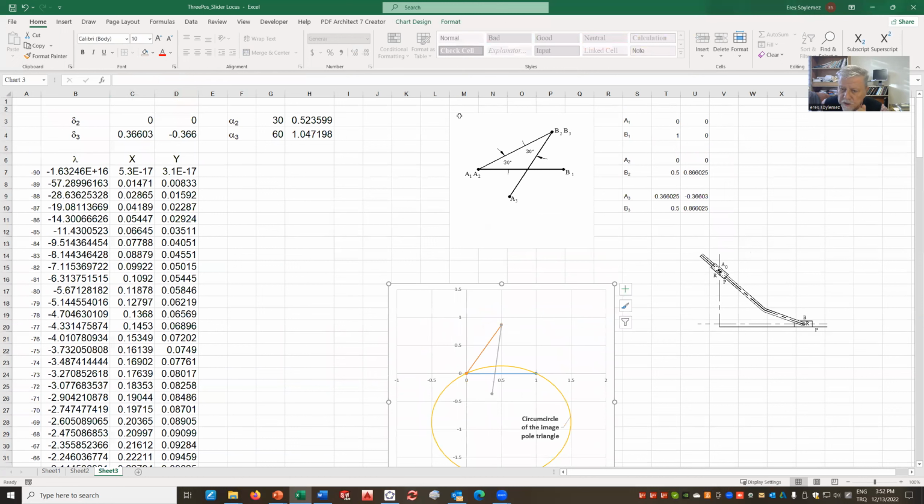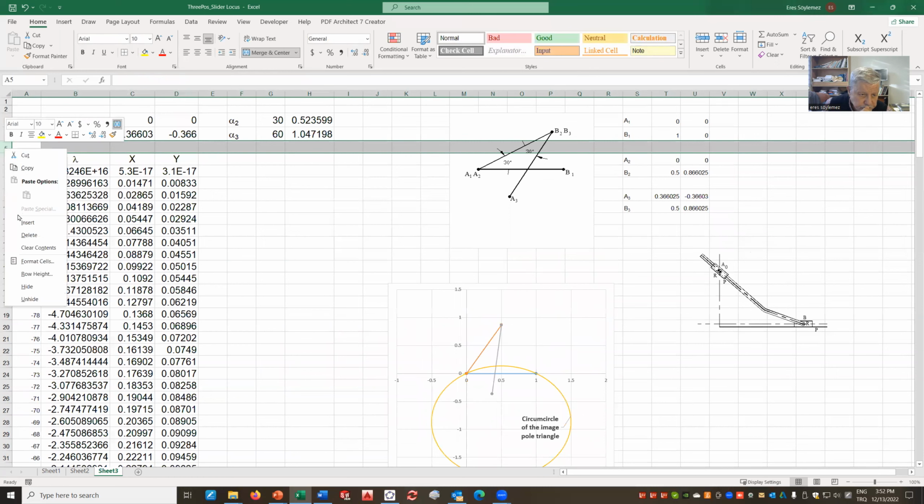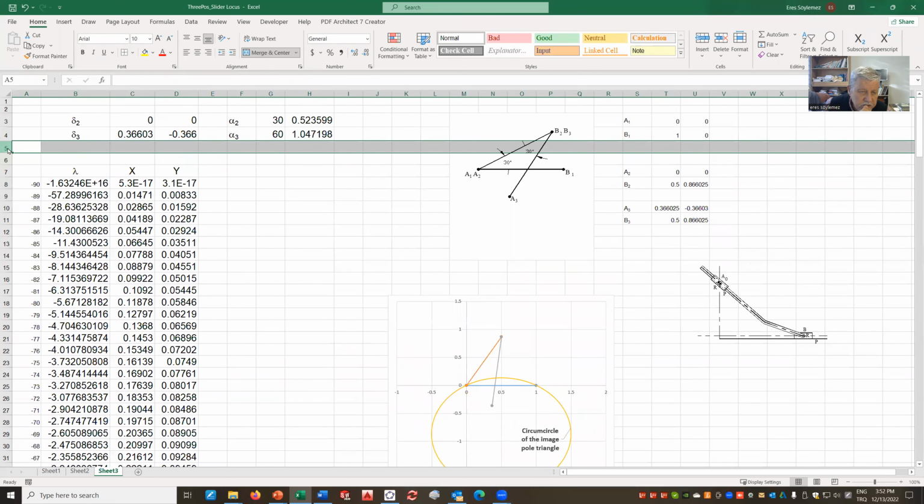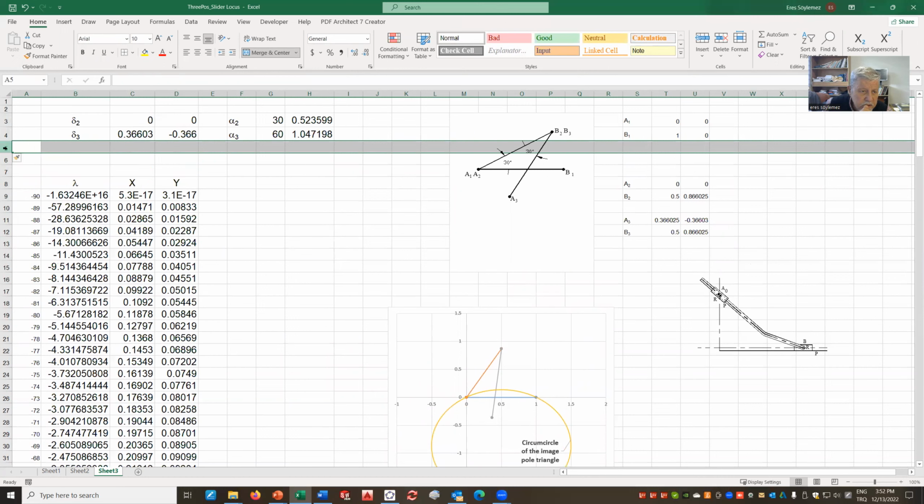What do we mean by inverting the motion? Let me increase this distance. Insert. One more insertion will be good enough.